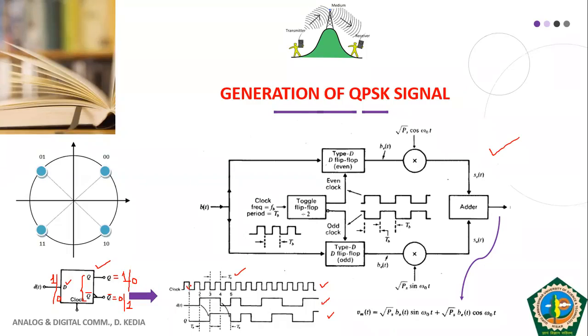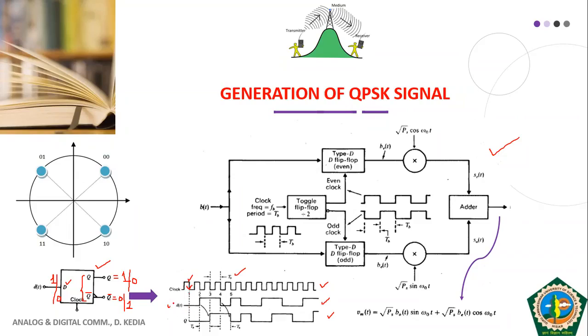So in the QPSK example we are considering here, we have assumed a negative edge triggered flip-flop. What does it mean? Whenever the active edge of the clock comes, whatever is the input state of the flip-flop just before this active edge, the same thing will be propagated at the active edge.